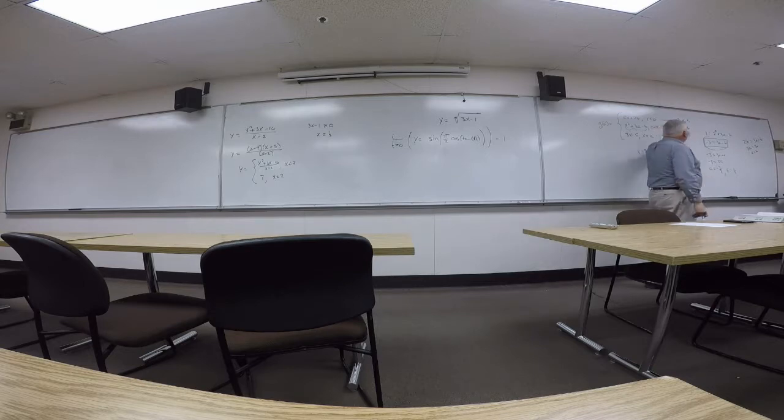At 0, this is negative 3. At 0, this is negative 3. These are now continuous. At 2, this is 1. At 2, this is 1. So now it's continuous. This feeds into this, which feeds into that.